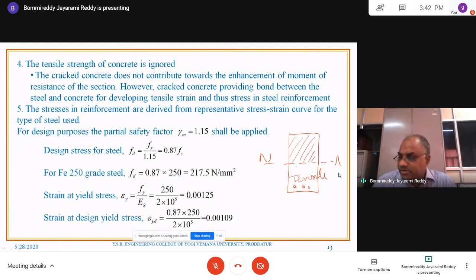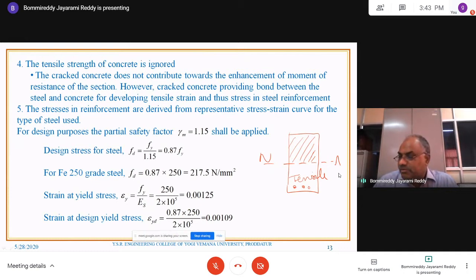When the tensile stresses are developed, naturally micro cracks may form below the neutral axis, and once it is cracked concrete, it may not contribute any moment of resistance of the section, and that's why its effect is completely neglected.